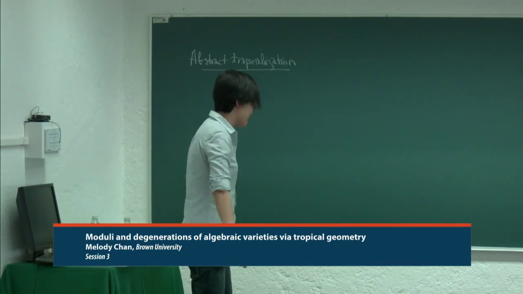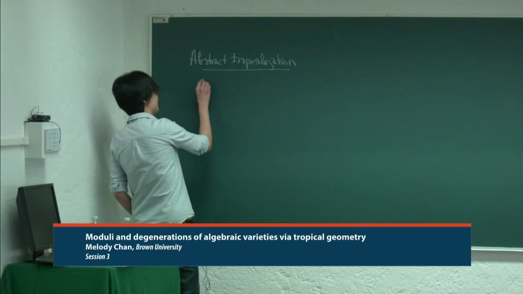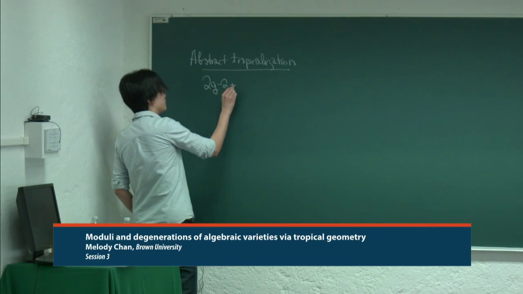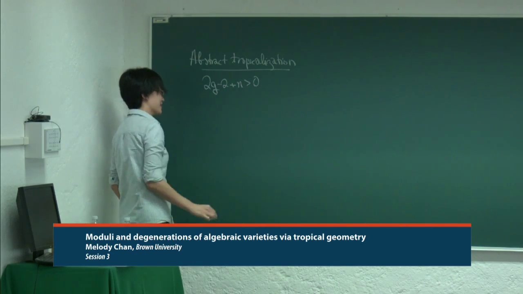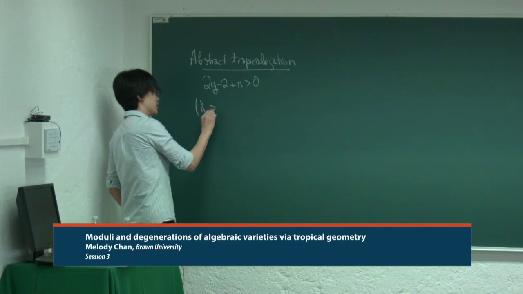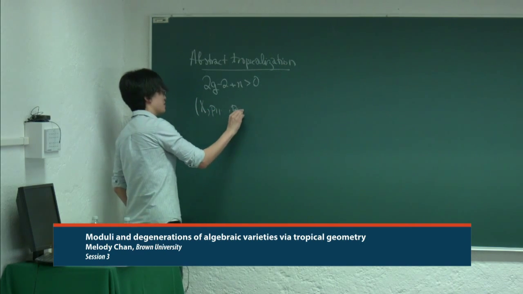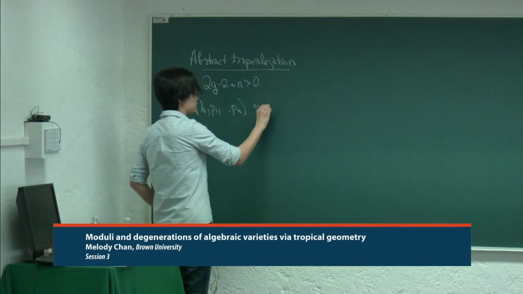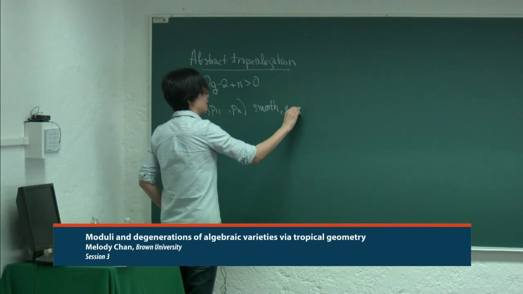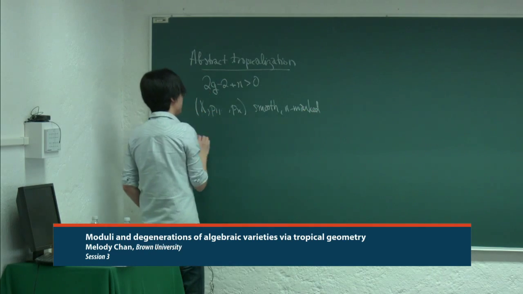Curves. Okay, so we were in the situation where stable curves of genus g with n marked points even exist, and we fix one such, a curve X with n marked points p1 through pn, which is smooth, n-marked of genus g.